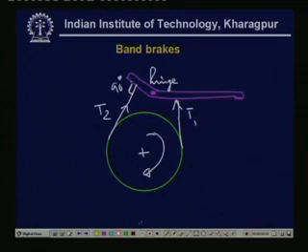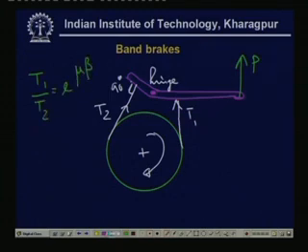Now, the analysis again remains the same: T1 by T2 remains e to the power mu beta, where beta is the total angle of wrap. You can see that the total angle of wrap is this angle, this is beta. So, this is known.